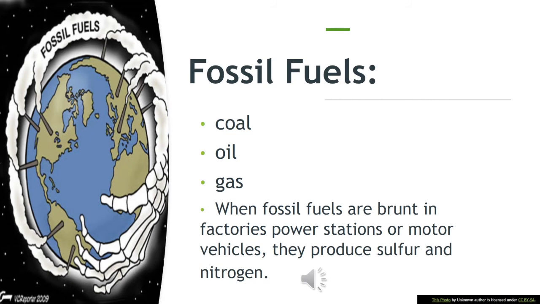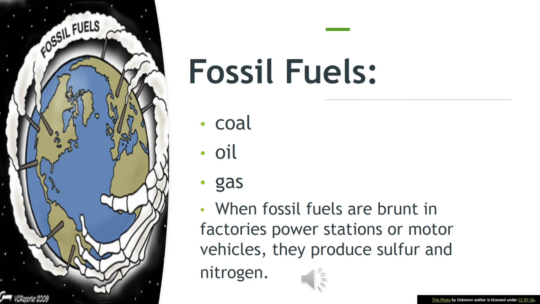The atmosphere over many cities around the world is heavily polluted with various substances. Many of them are harmful. When fossil fuels such as coal, oil, and gas are burnt in factories, power stations, and motor vehicles, they produce sulfur and nitrogen.